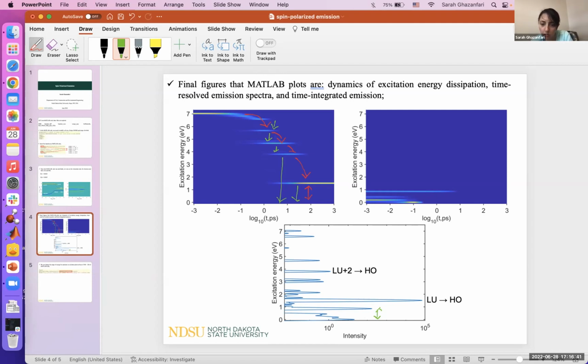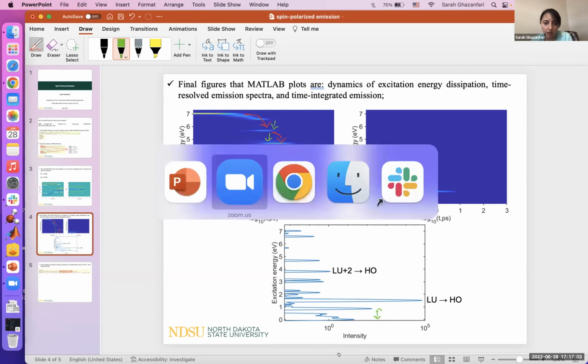That is the reason for LUMO to HOMO. But for LUMO plus 2 to HOMO, in our paper we had a figure that has all three spin multiplicities on it.